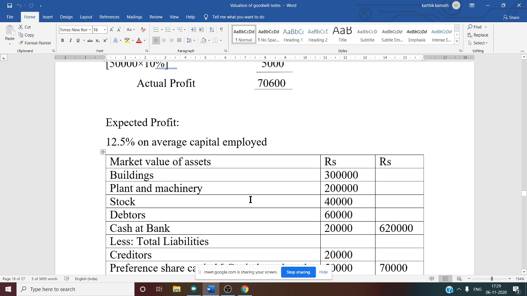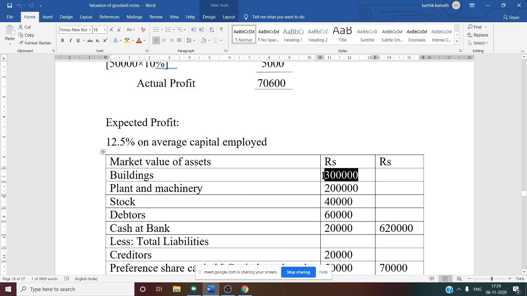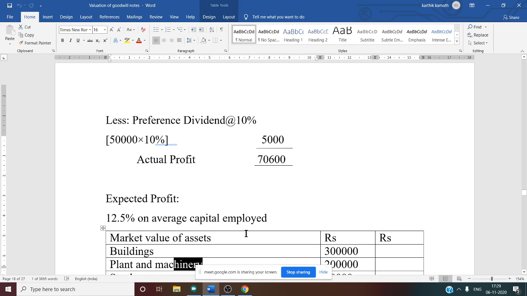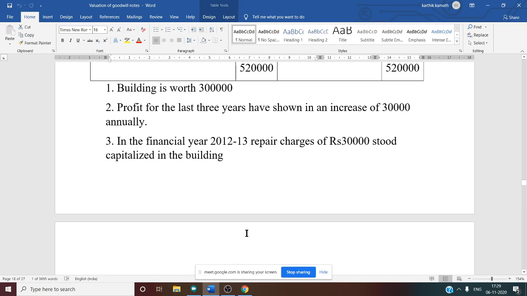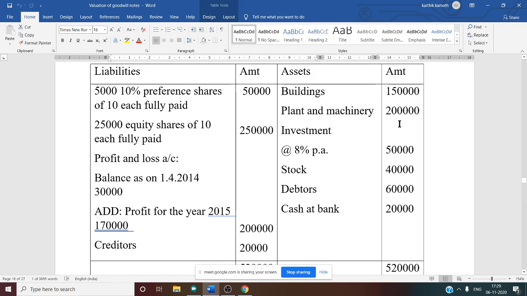So you need to do the format, three columns: particulars and two amount columns. First one, market value of asset. Building, they have given it in the adjustment, write it as it is, 3 lakh. Plant and machinery, what about plant and machinery? Stock, debtor, cash at bank. Let us see the balance sheet once again. See this, here plant and machinery 2 lakh. No other information, so book value itself is a market value.